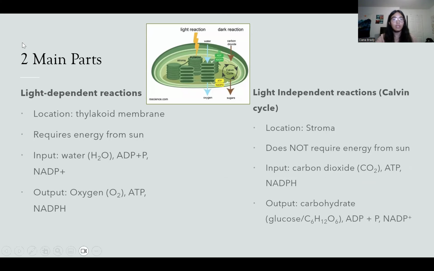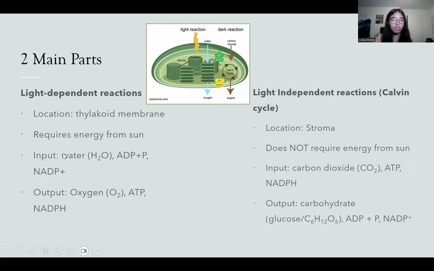Something important that is different between the two is that the first one requires energy from the sun. And that is, again, why we put our plants in the sunlight. The second one does not require energy from the sun, so that means the plant can do it even at nighttime when there is no sunlight available.